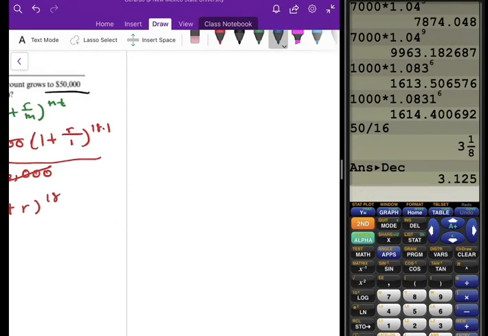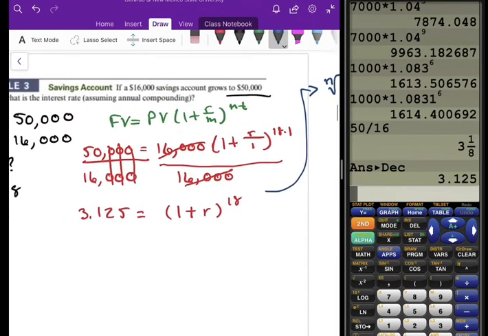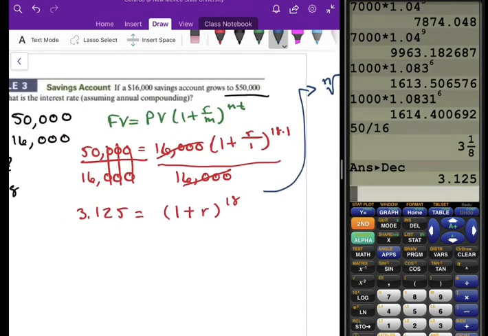So I'm going to raise 3.125 to the power of 1 over 18.